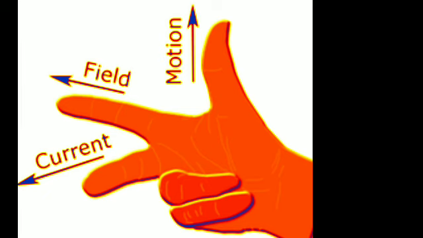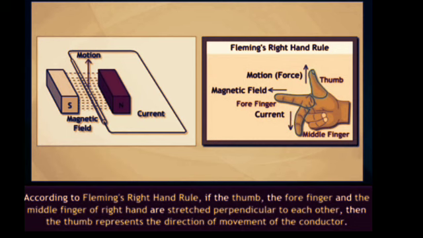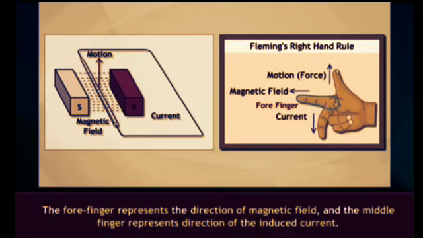In this position, the thumb indicates the direction of motion of the conductor, the index finger the direction of the magnetic field, and the middle finger shows the direction of the induced current. This rule is known as Fleming's right hand rule.